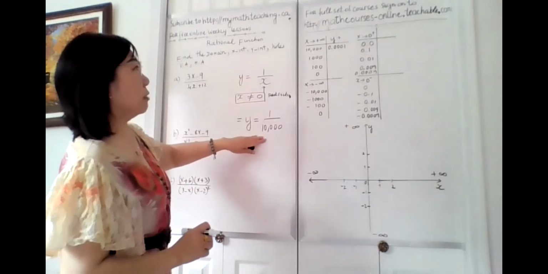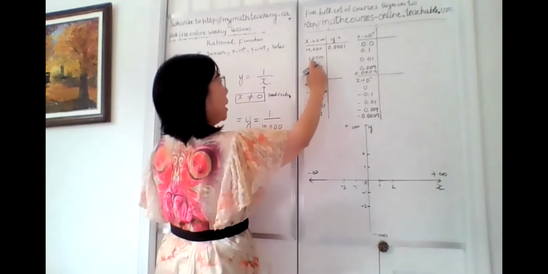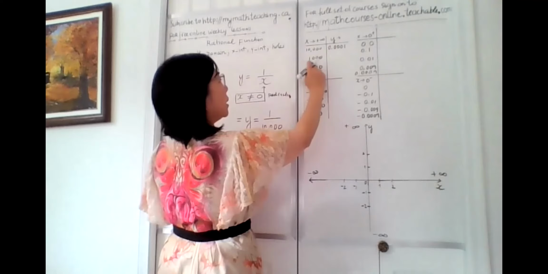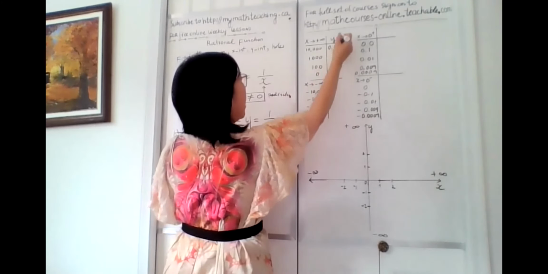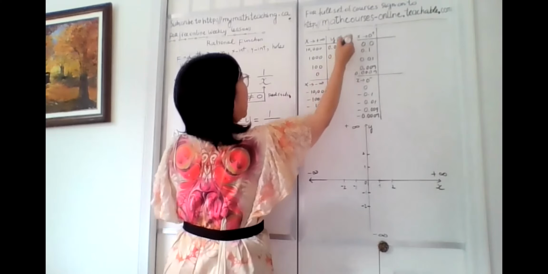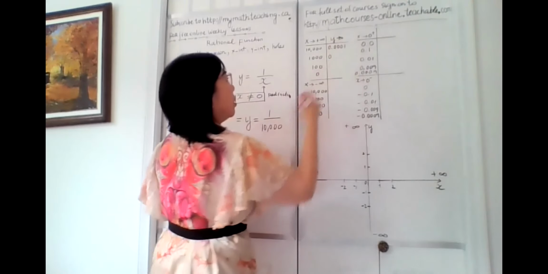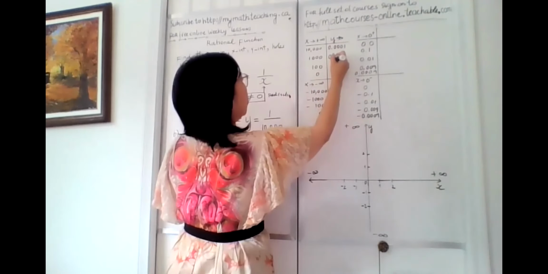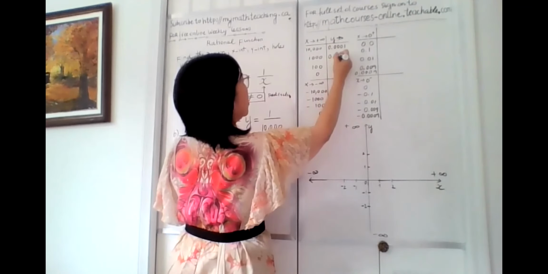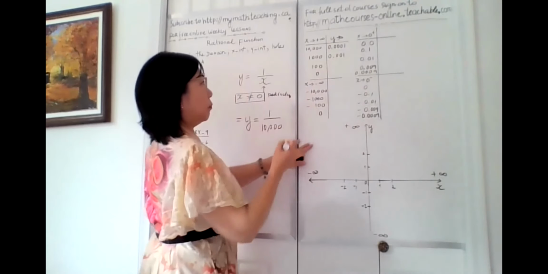So 1 over 10,000. Now the same idea, if this x approaches 1,000, then what will y approach? And I put the arrow, it means not exactly, but approaching, right? So the y will approach 0.001 here if it's 1,000.